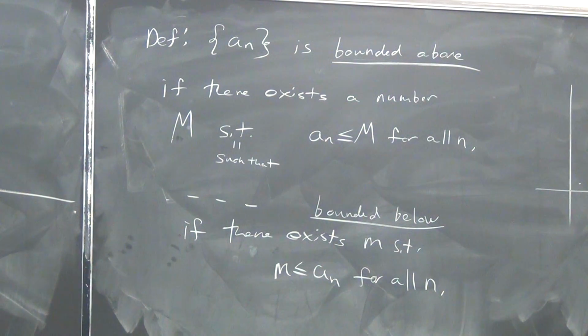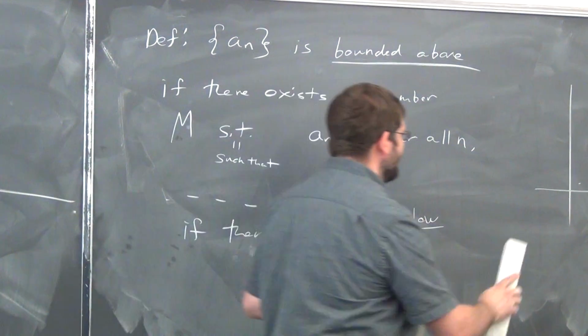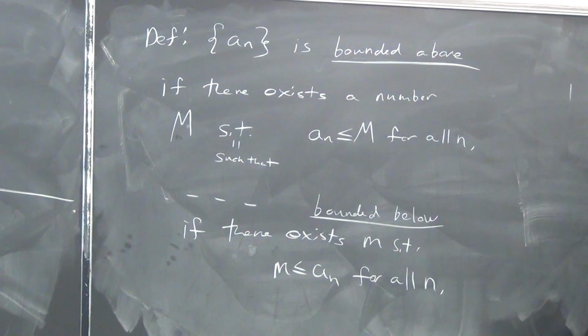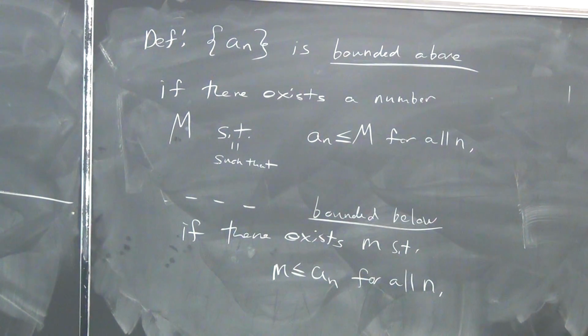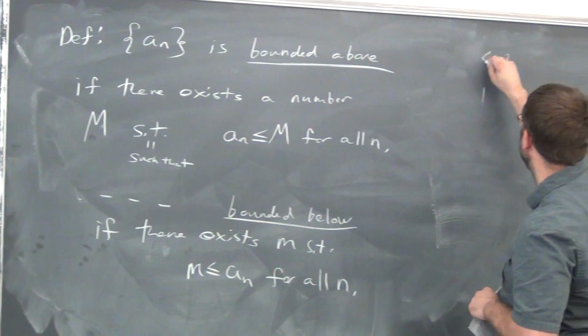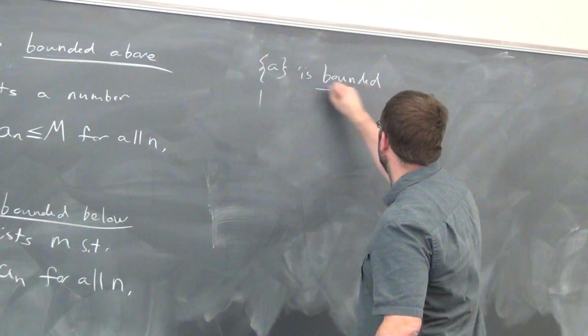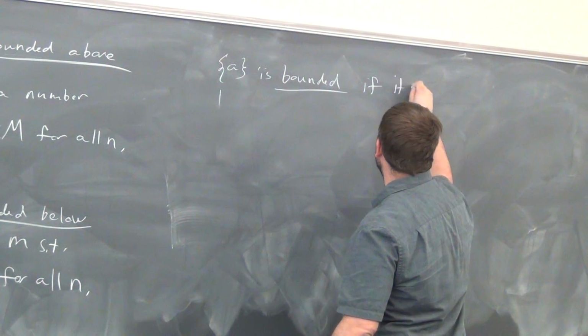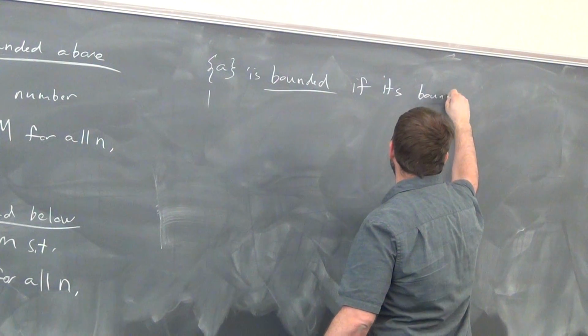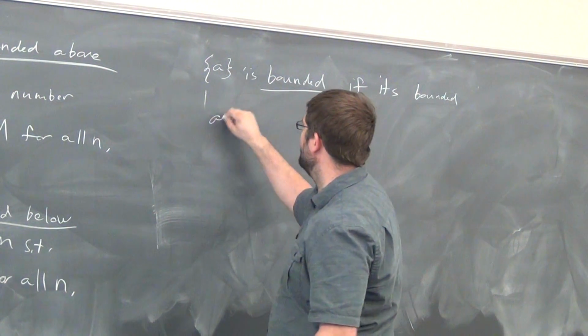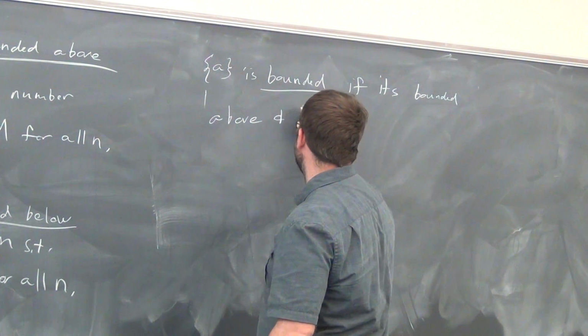All right. And it's bounded if it's bounded above and bounded below. And a sub n is bounded if it's bounded above and below.